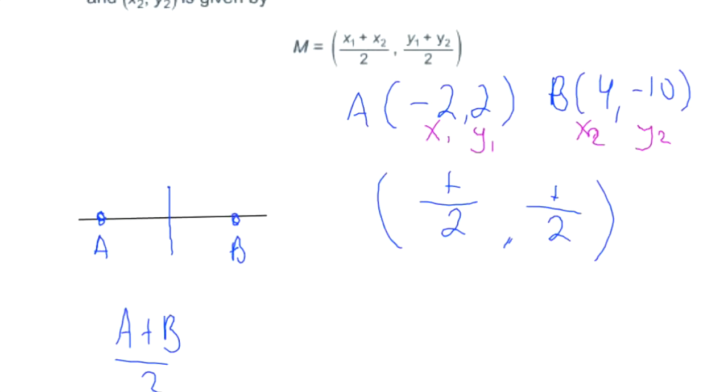The reason that they write it with the comma in between is because this will be your x-coordinate, comma, your y-coordinate. This new formula is going to give me one point that's in between my point A and my point B.